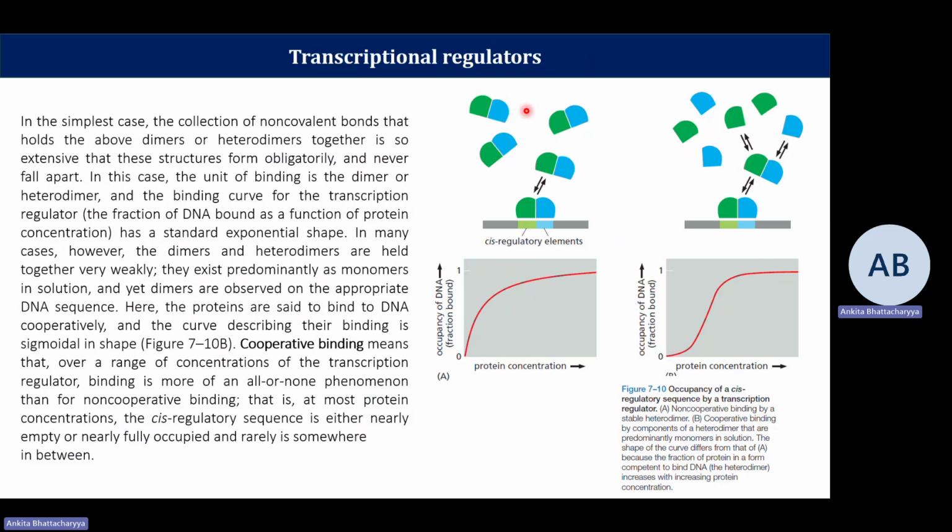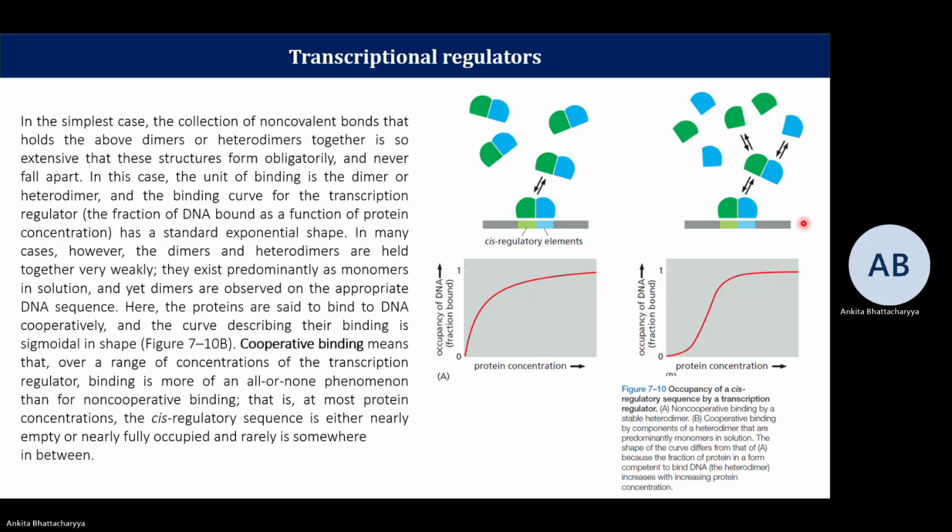It means that in solution, the two monomers are able to stably form this heterodimer, and the equilibrium is maintained between a DNA bound and free solution heterodimer, and therefore the binding curve which is formed is exponential in nature.